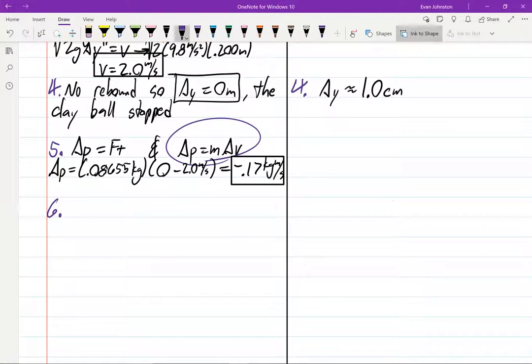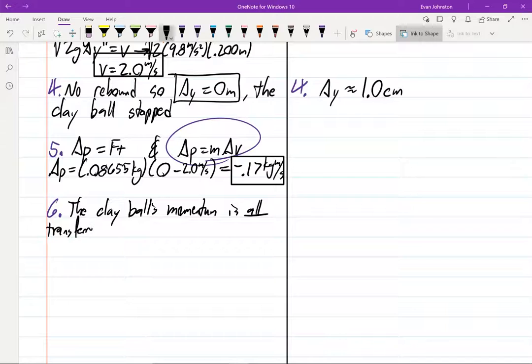And so we are correct in saying that the clay ball's momentum is all transferred to the block. But it's not enough to knock it over. It's enough to make it wobble, but it's not enough momentum to get all that mass moving.